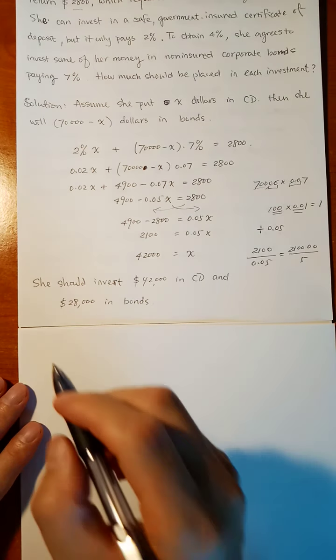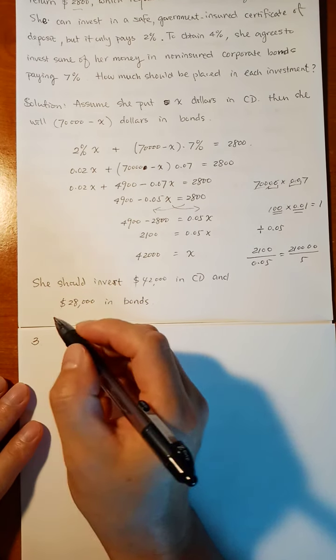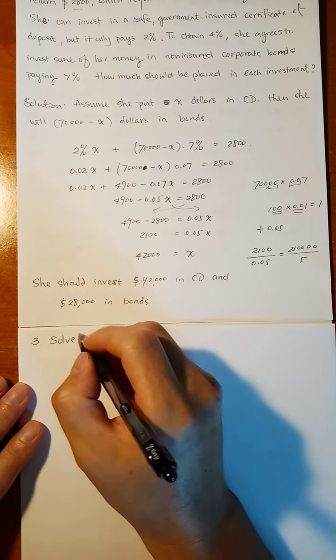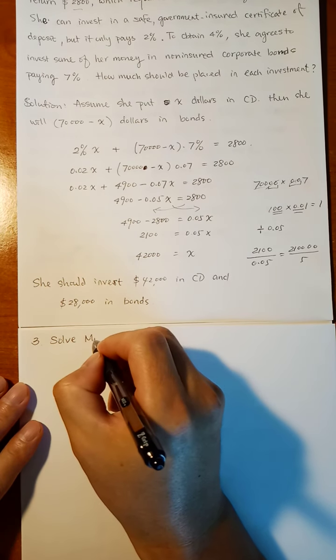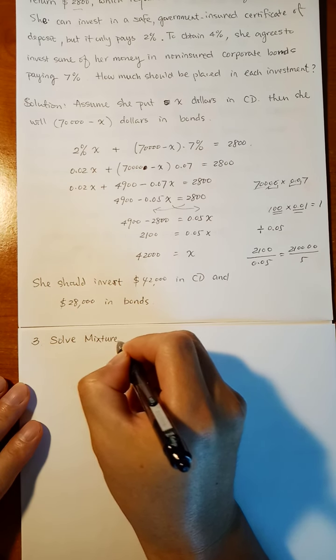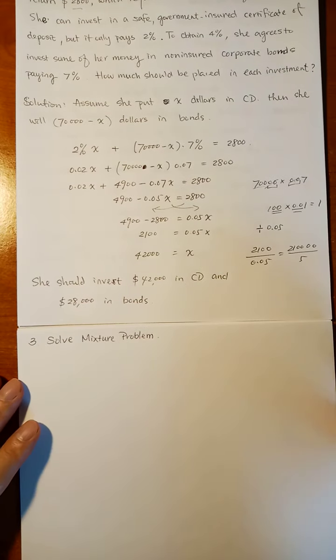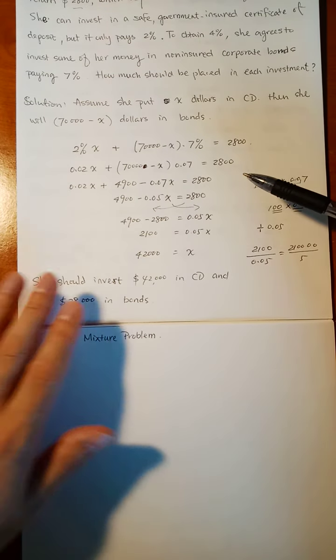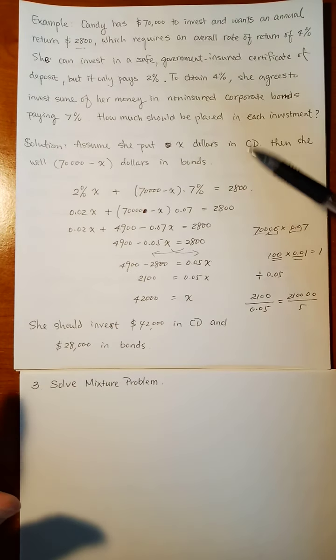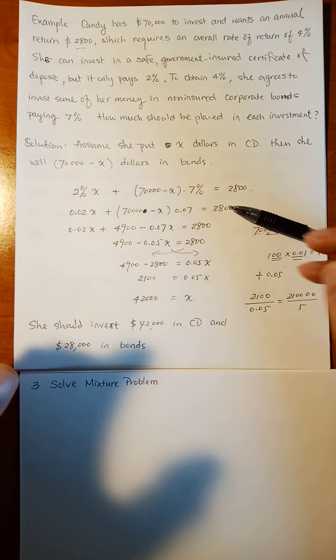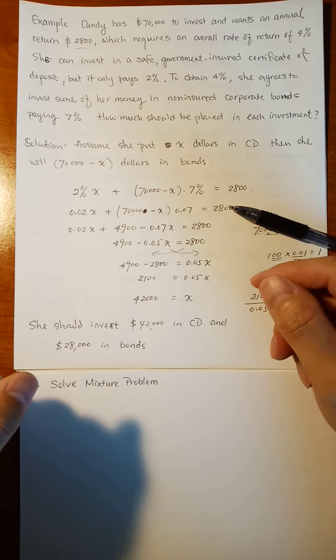Okay, so third part, solve a mixture problem. Actually, this second interest problem is a mixture because she has some insured CD plus non-insured corporate bonds.